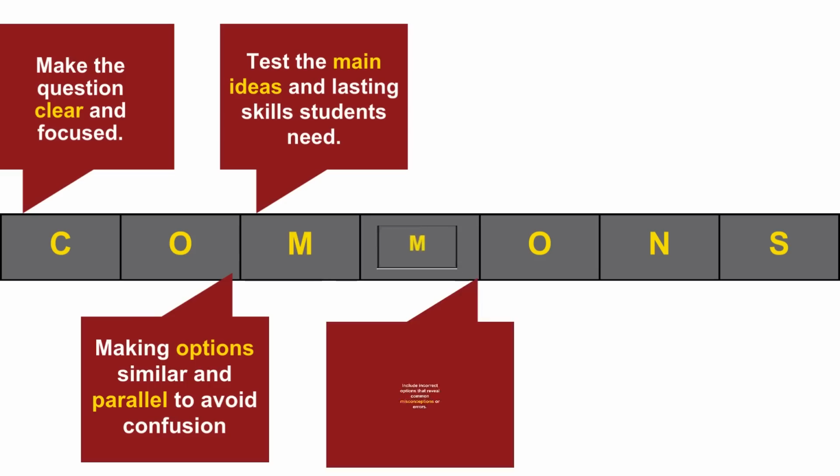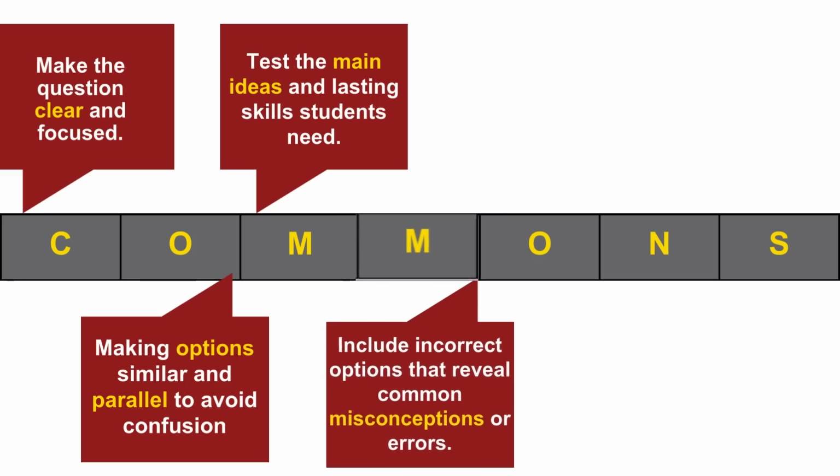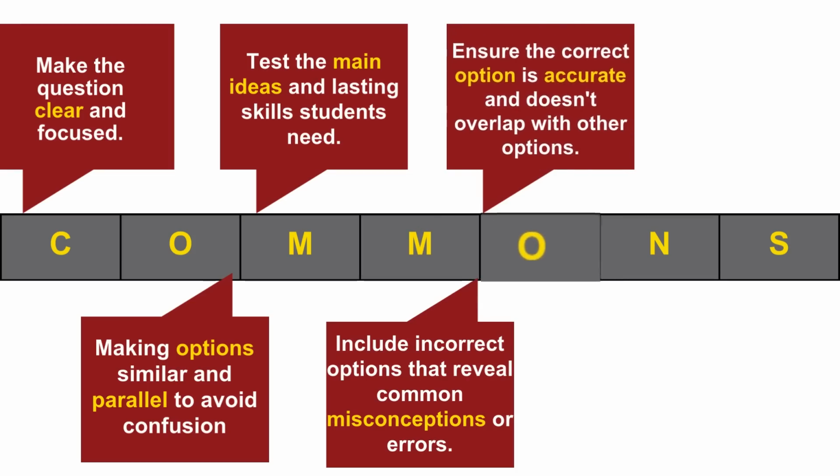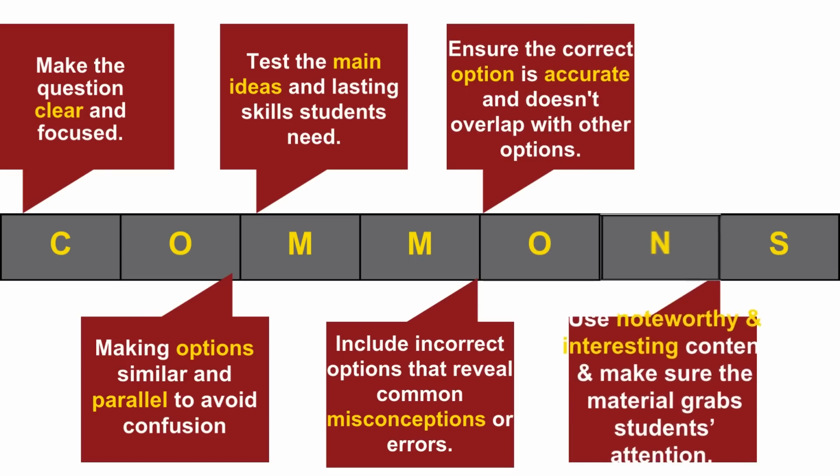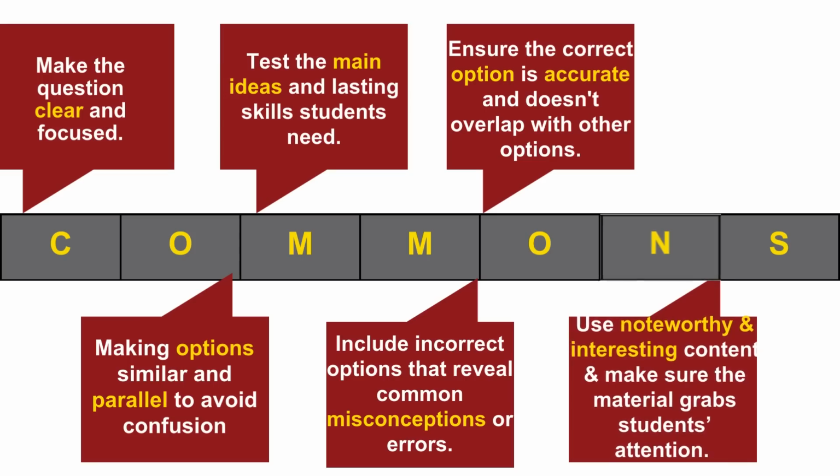The second M in COMMONS is to include incorrect options that reveal common misconceptions or errors. O is to ensure the correct option is accurate and doesn't overlap with other options. N is to use noteworthy and interesting content and make sure the material grabs students' attention.